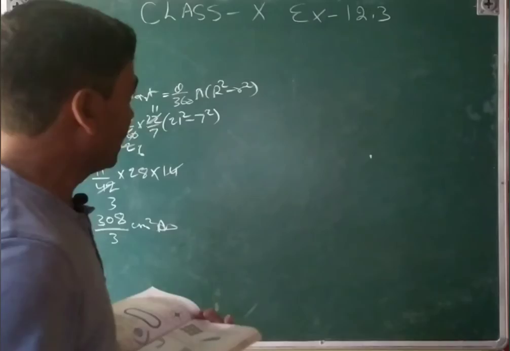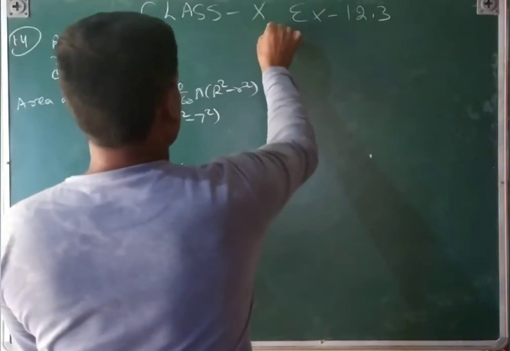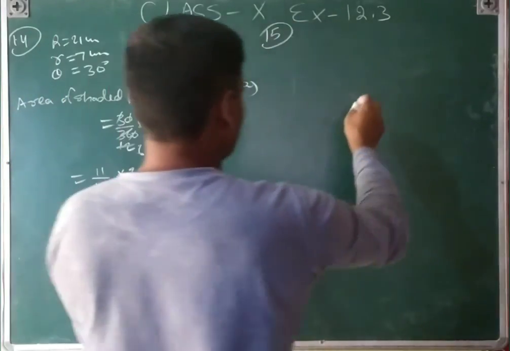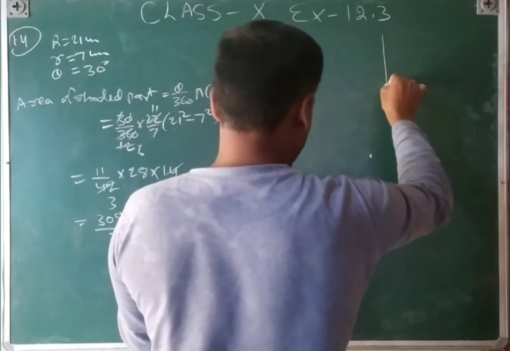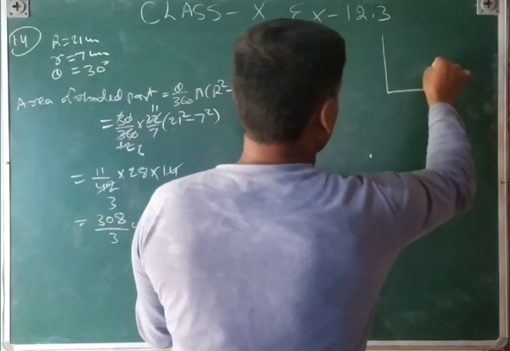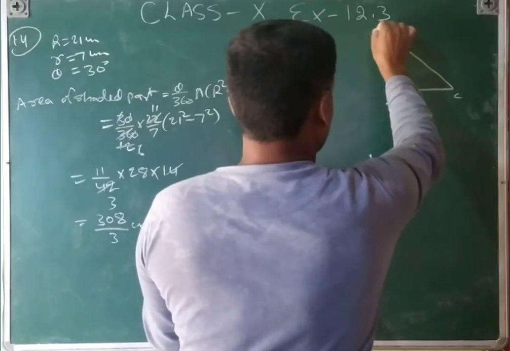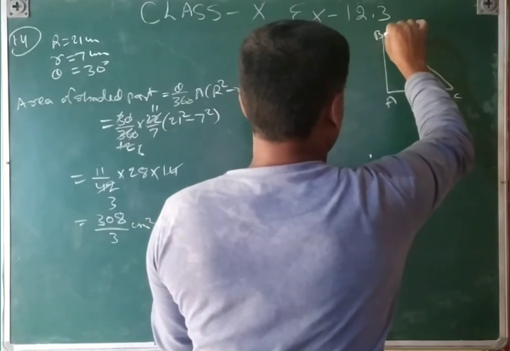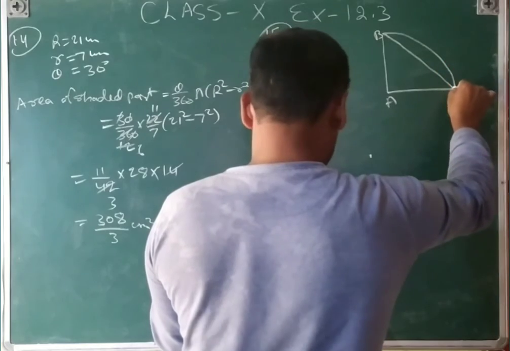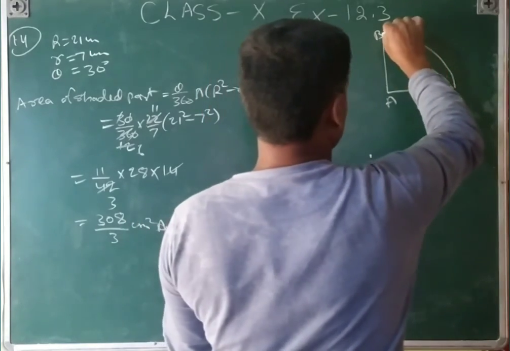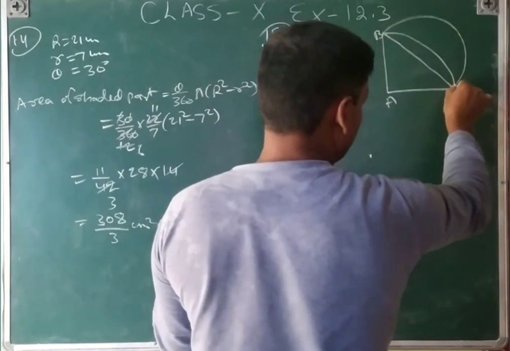In the 15th question you will see something different. I will explain how you can do this question easily. A, C, B, and this is a quadrant of a circle, or a semicircle.